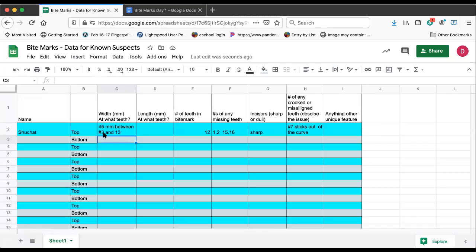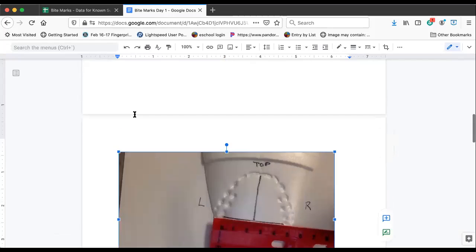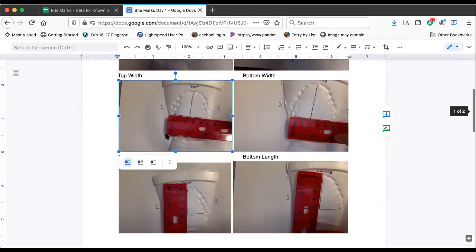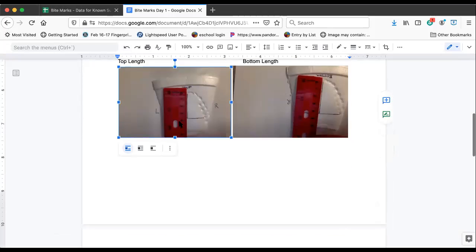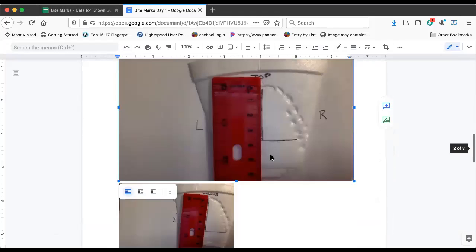We measured between 3 and 13, and that's going to be the same for the length. So we just need to go to the length picture and measure the length.